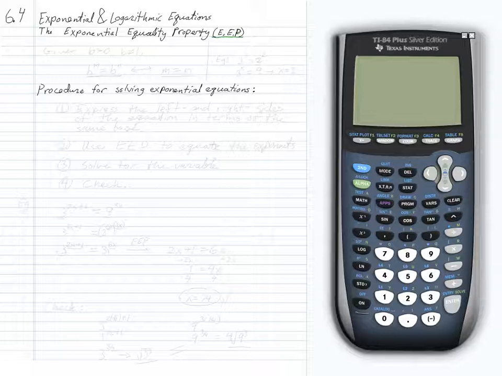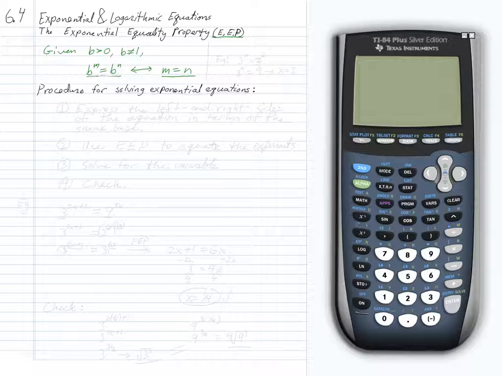This theorem states that given a base b greater than 0 and not 1, if we have the following equality, b to the m equals b to the n, then we can conclude that m equals n. So this first equation is true if and only if this second equation is true.